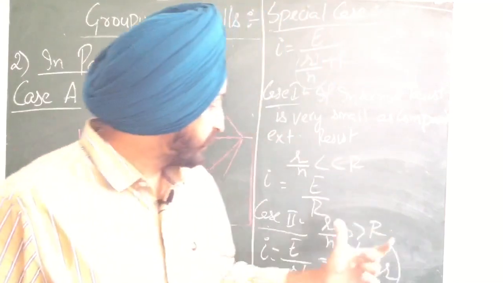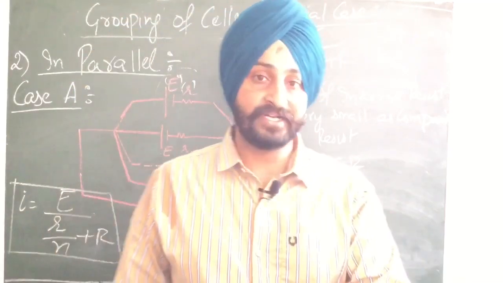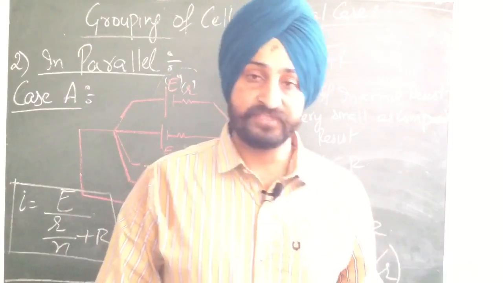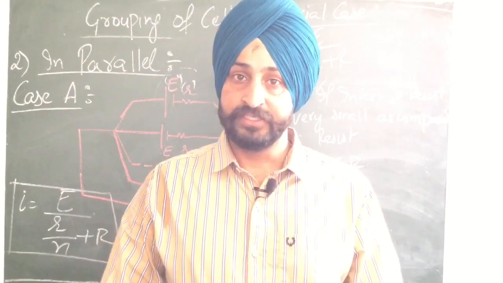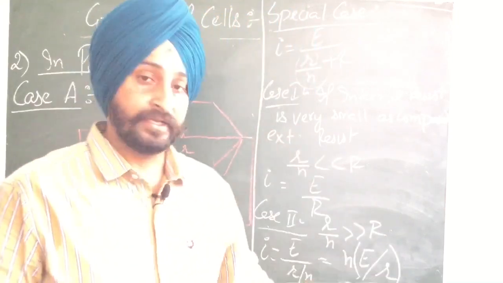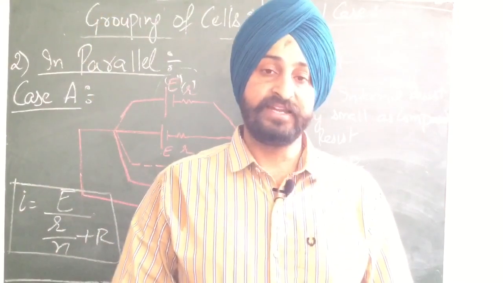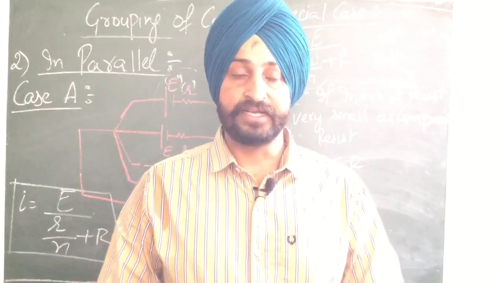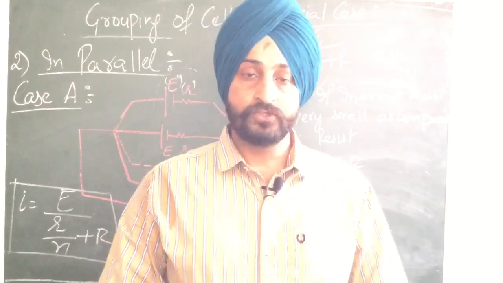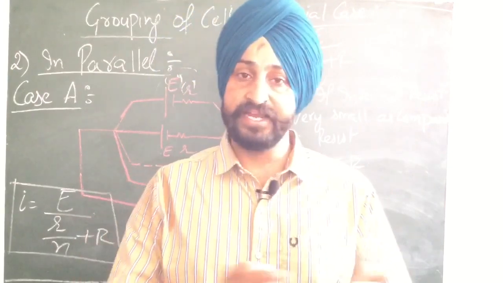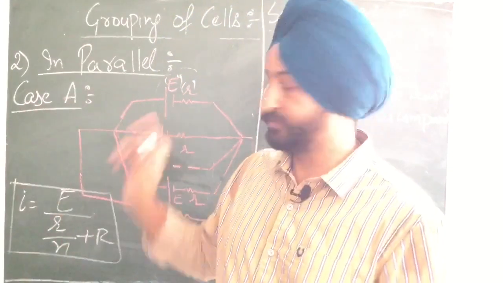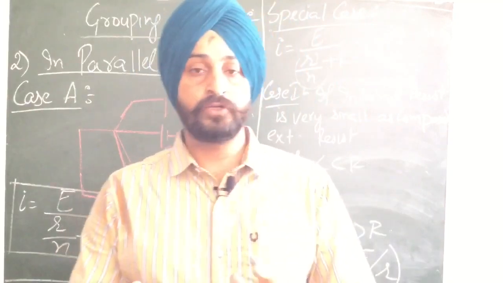But what we have studied over here is just opposite to the case of series. Here we have studied that if internal resistance is very large, the current will be larger. But if internal resistance is smaller, the current will be lesser. So the cases which we have obtained in series and in parallel, especially in this case 1, are totally opposite to each other.